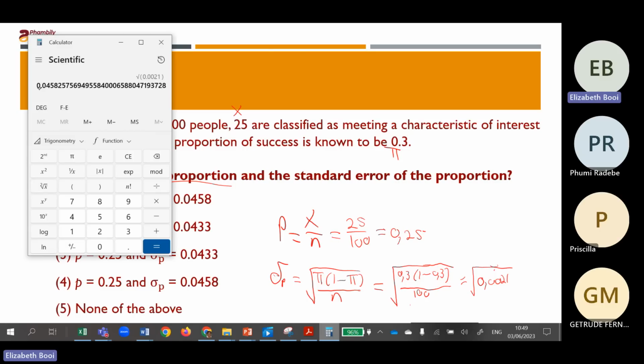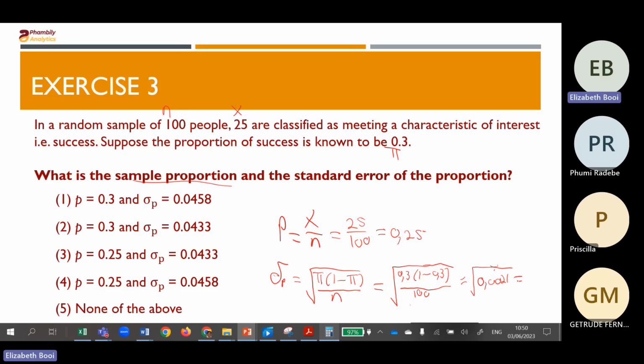And the answer is 0.0458. I'm going to keep it to 4 decimals because they've kept most of the answers to 4 decimals. So I'm looking for 0.25 and 0.0458, which is option 4.